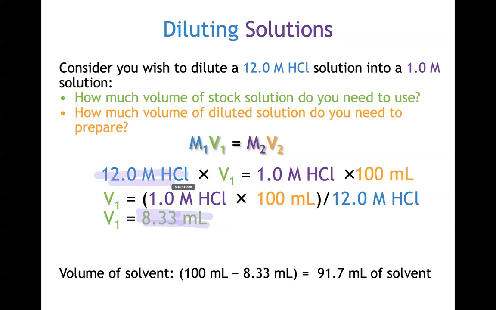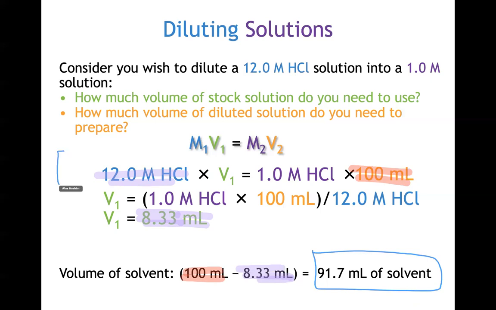And then we will add the difference in water until we reach 100 milliliter. If you wanted to figure out the amount of solvent you need to add, you take 100 and subtract the amount that you need from the initial stock solution. So we would end up adding 91.7 milliliter of solvent, right?